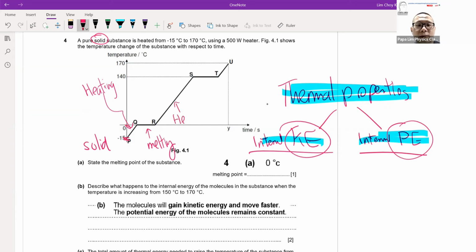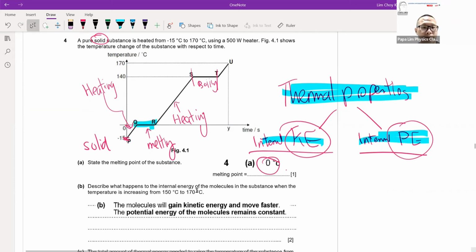You go back to the basic again and heat up, so it will be the heating phase again. After that, it will be boiling. The last, beyond boiling, will be what we call the plasma state. At each of the stages, you have to know what happens to the particles in terms of kinetic energy, potential energy, and intermolecular bonds. So the melting point, based on the question, is 0 degrees. This is the melting.